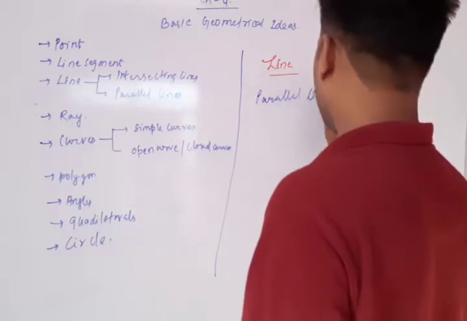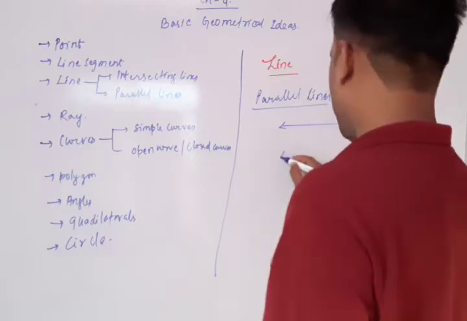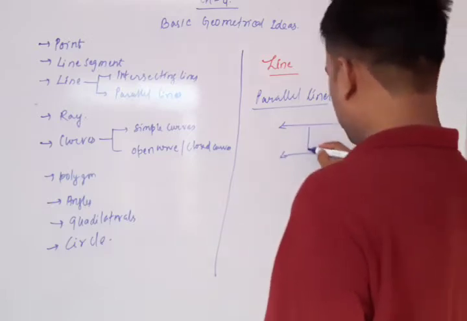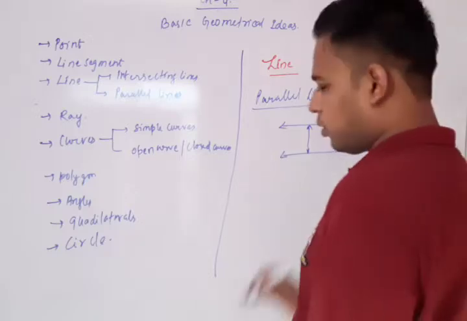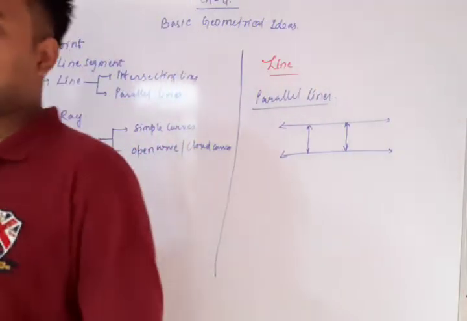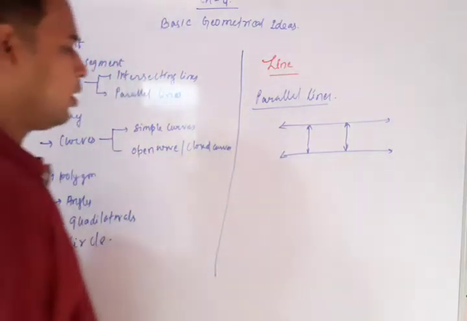Parallel lines. When this distance will be fixed. Means when two lines never cross each other and the distance between them is always the same.